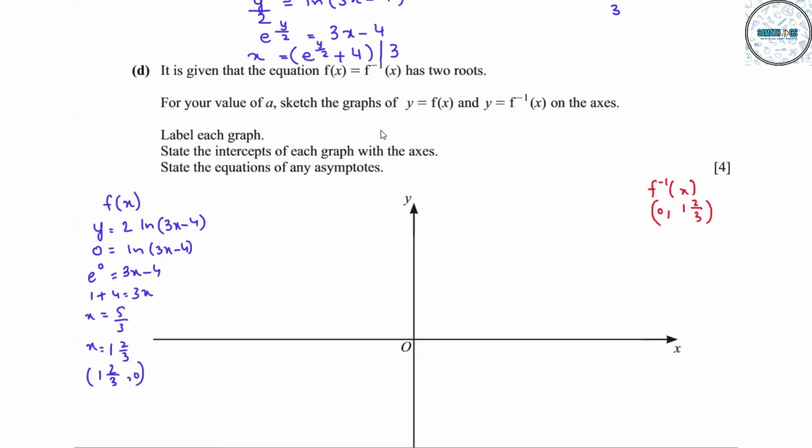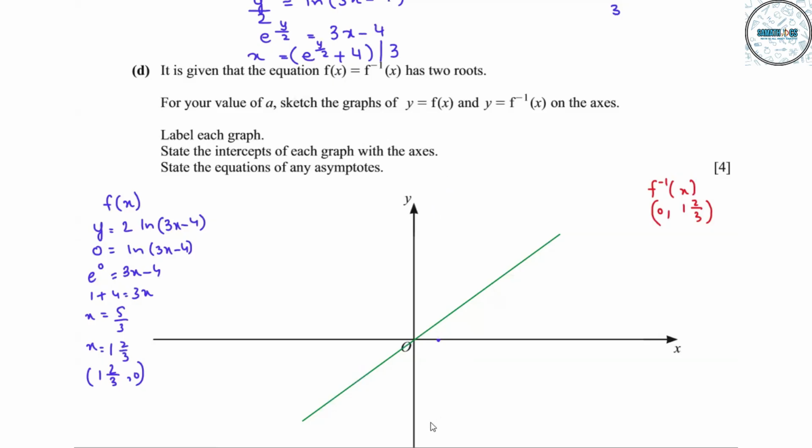So first of all, we will draw the line y is equal to x. X-intercept here, 1 whole 2 upon 3. If we consider 1 whole 2 upon 3 here, then here is an asymptote, right?